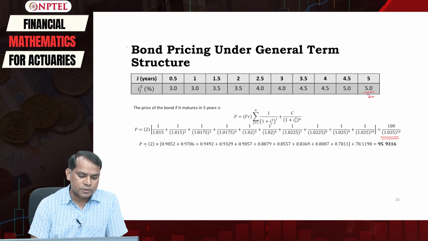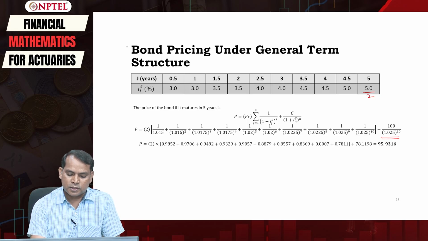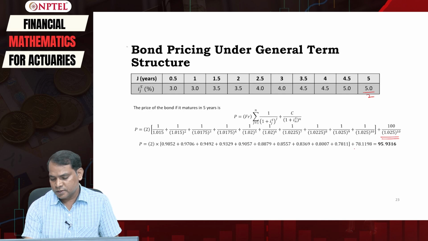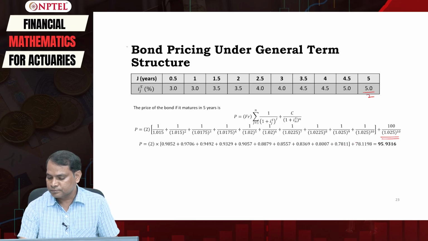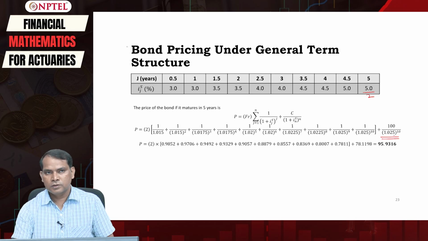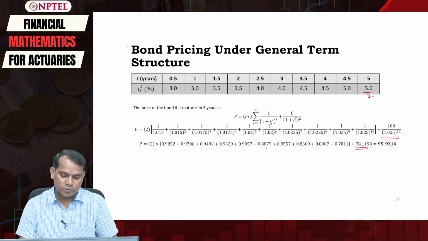Therefore, we will write that P is equal to 2 multiplied by 0.9852 plus 0.9706 plus 0.9492 plus 0.9329 plus 0.9057, and do it up to 10. Then plus 100 divided by 1.025 to the power 10 will give me a value of 78.1198, taking 4 numbers after the decimal.